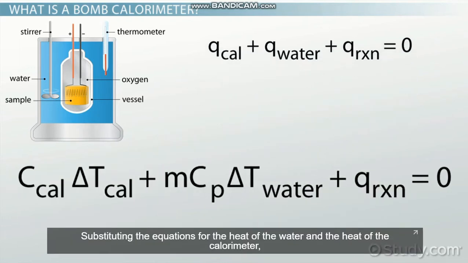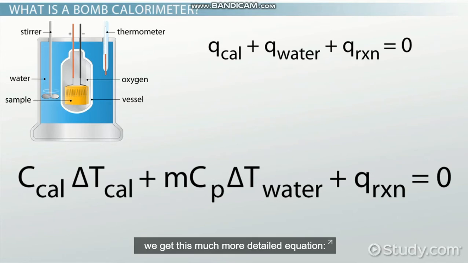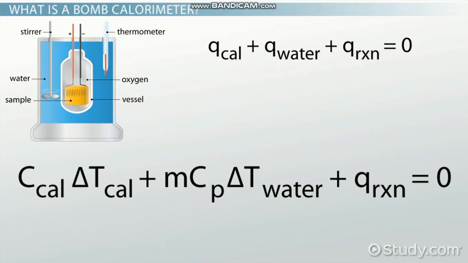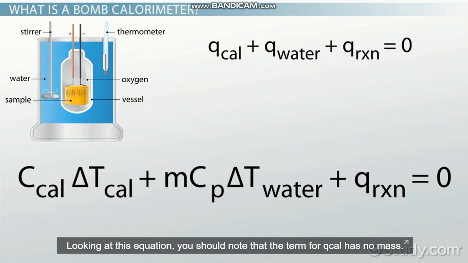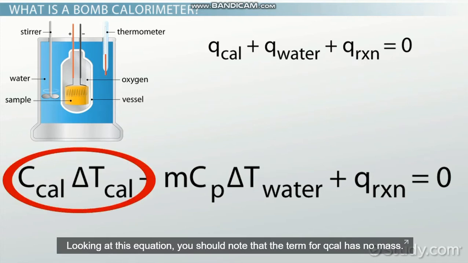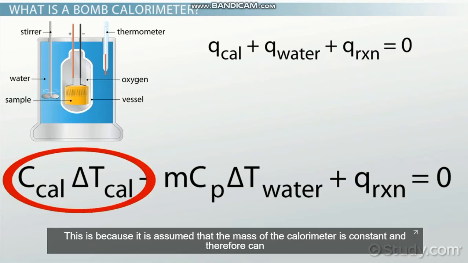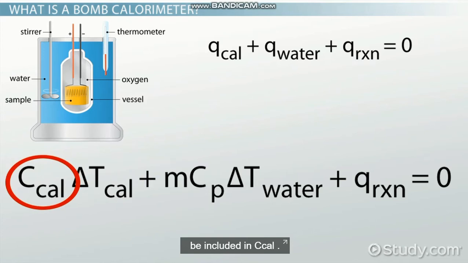Substituting the equations for the heat of the water and the heat of the calorimeter, we get this much more detailed equation that's appearing on your screen right now. Looking at this equation, you should note that the term for Qcal has no mass. This is because it is assumed that the mass of the calorimeter is constant and therefore can be included in Ccal.